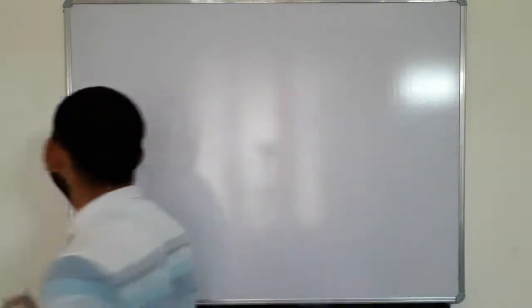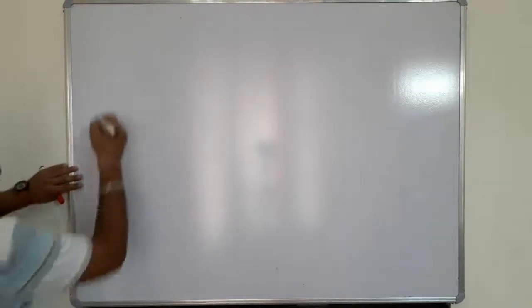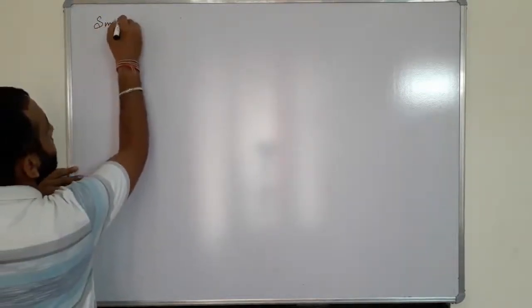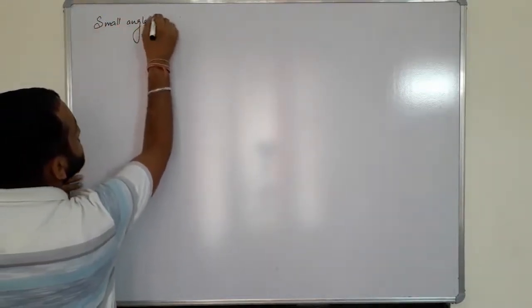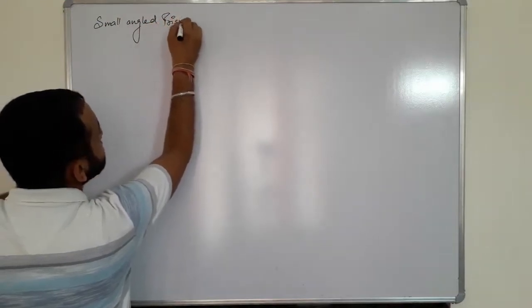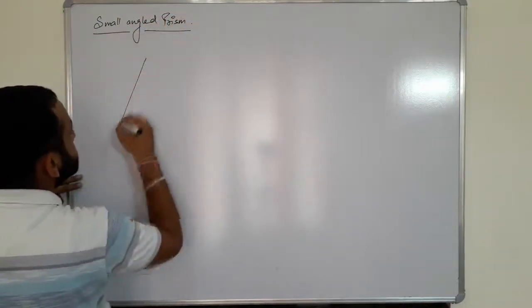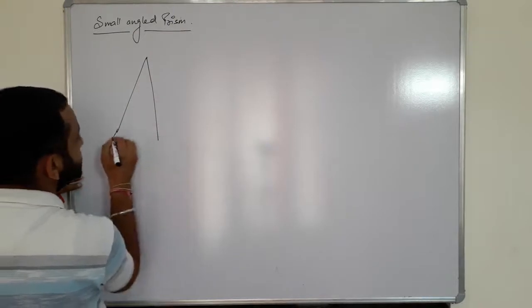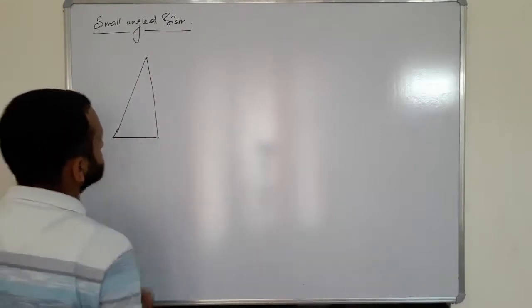Now let us discuss some more points: the angle of deviation for a small angle prism. Let us consider this small angled prism like this.